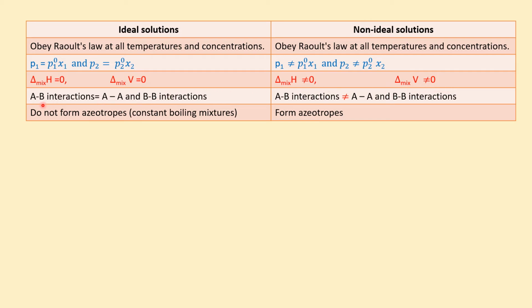The next property is, in the case of ideal solutions, A-B interactions are equal to A-A and B-B interactions, whereas in non-ideal solutions, A-B interactions are not equal to A-A and B-B interactions. The ideal solutions do not form azeotropes, that is constant boiling mixtures, whereas the non-ideal solutions form azeotropes.